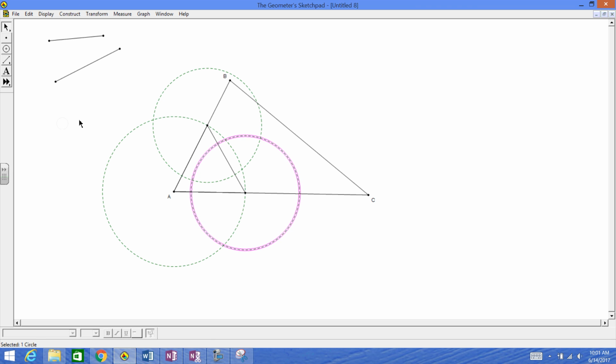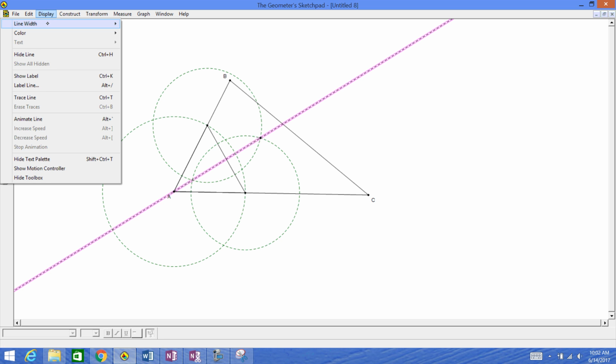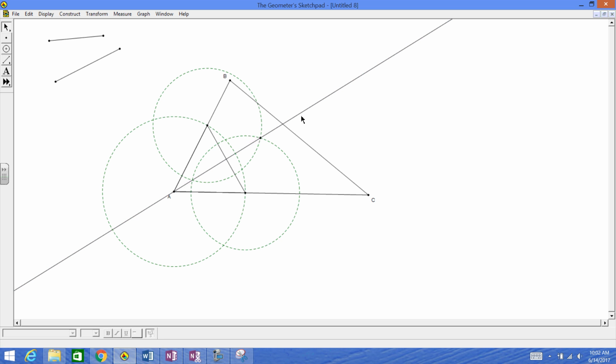All right, now it's going to get a little crazy. If you see this right here, and let me make that thin, that is going to be the angle bisector of angle BAC.